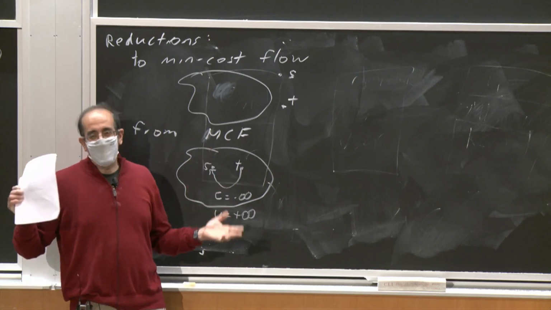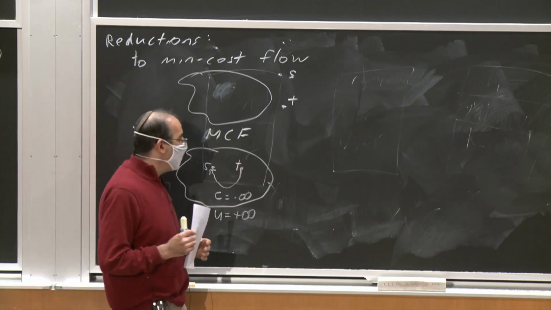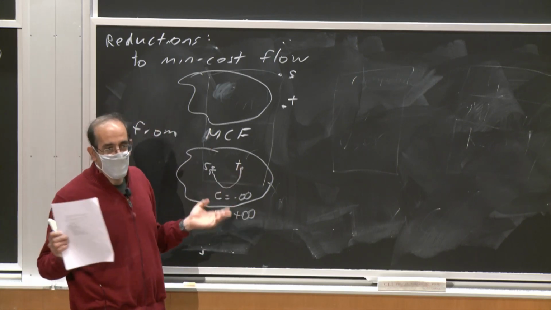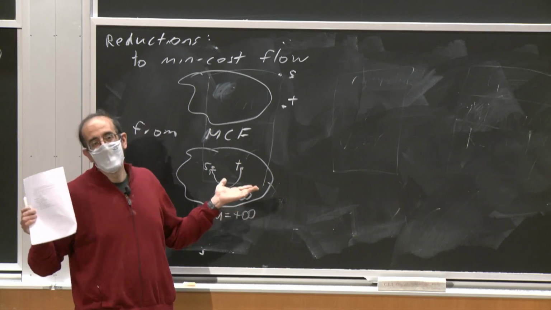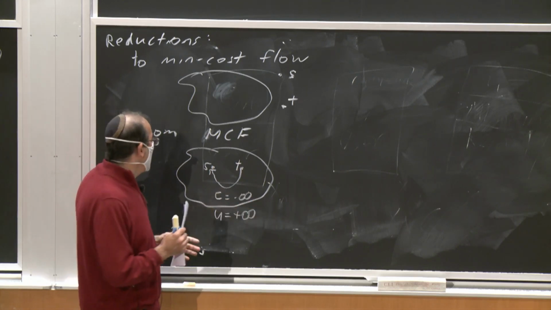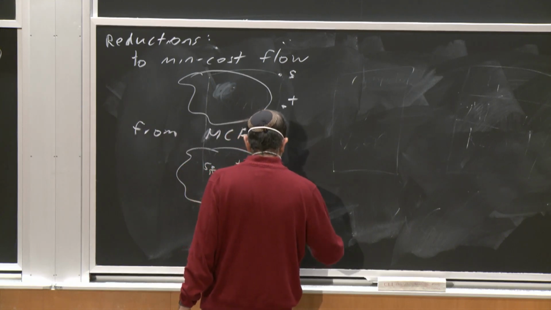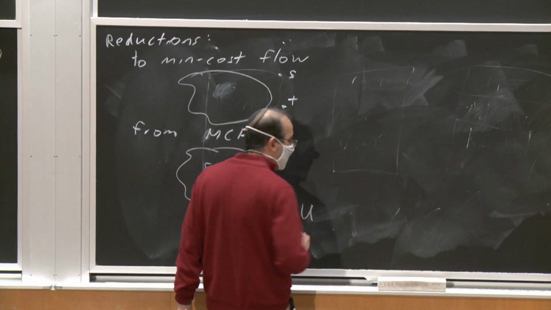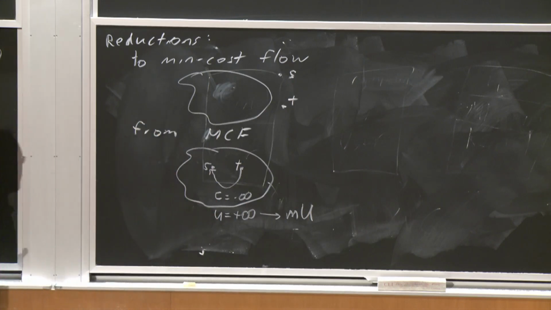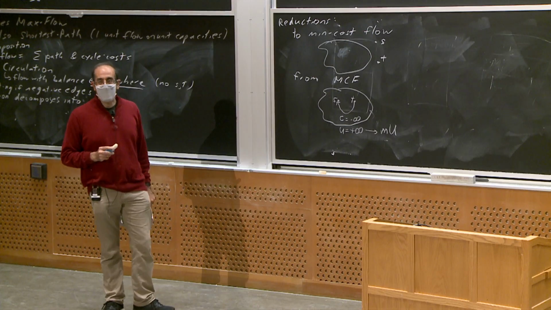Now, I don't want to start special casing simple graphs anymore, so I'll say, well, maybe all of the edges are leaving S, right? But it's still only M edges. Each of them has some maximum capacity, which I wrote as capital U, right? So that's an upper bound on the capacity of what can leave S. It's an upper bound on the amount of flow that needs to be circulated back, okay?